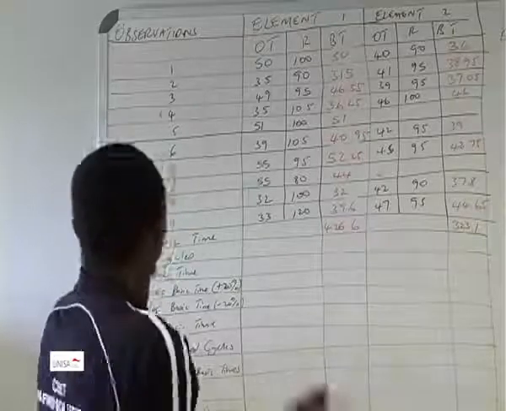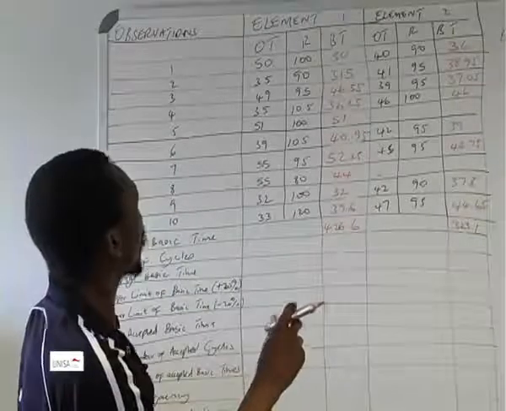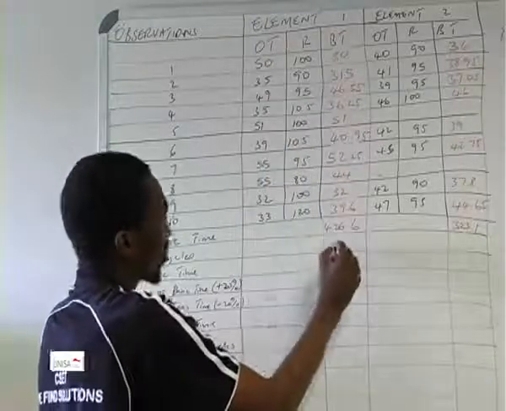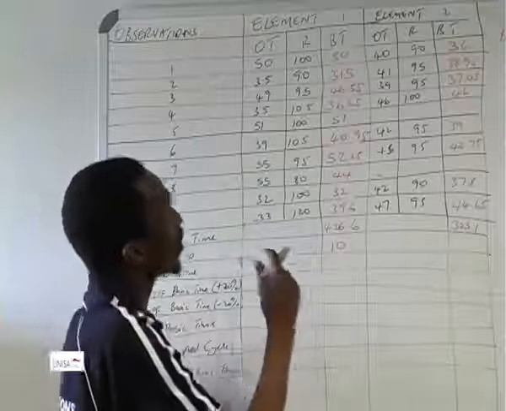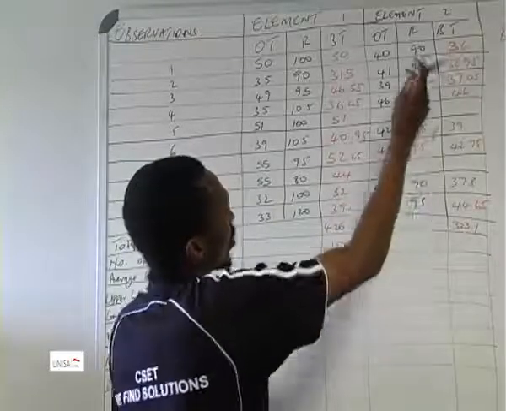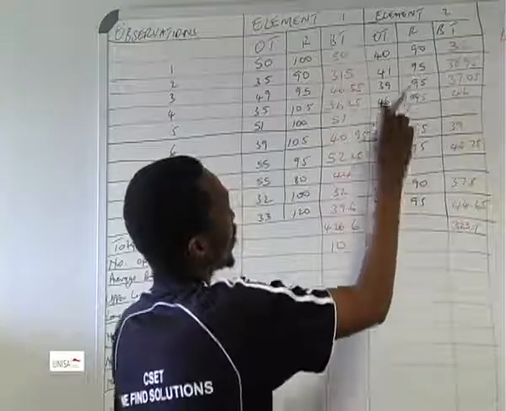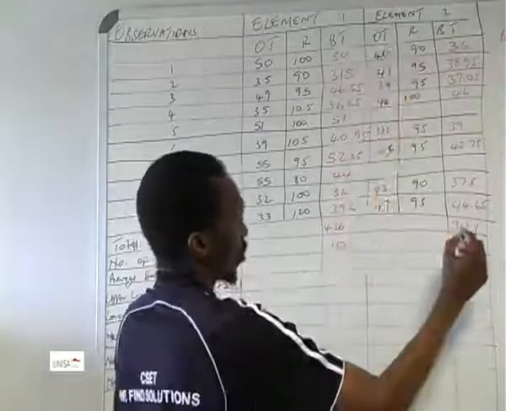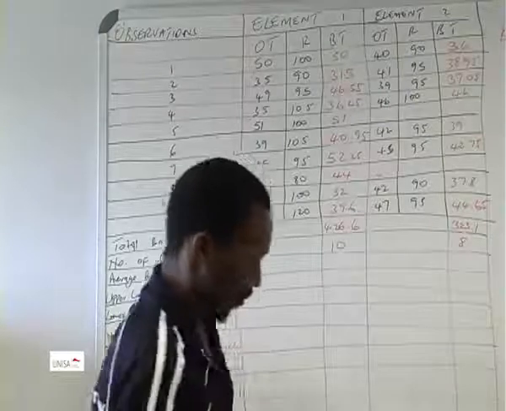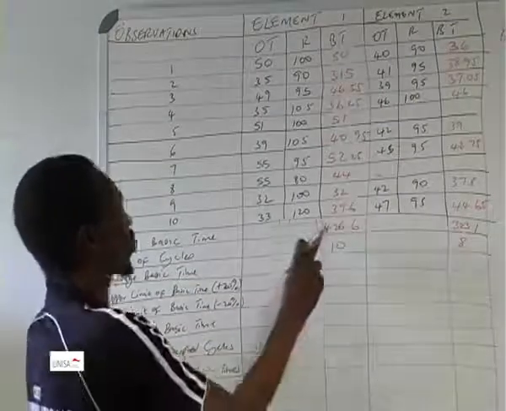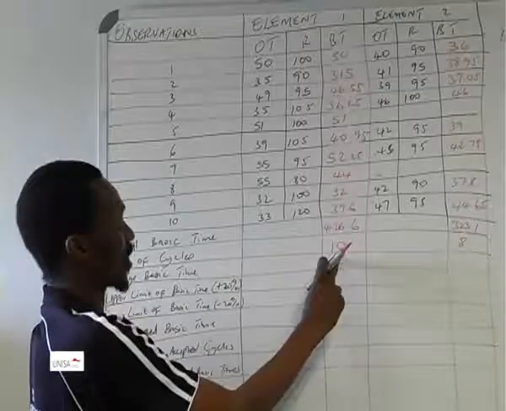So the number of cycles for element 1, you are given 10 observed times, so it's 10. For element 2, you are given 8 observed times: 1, 2, 3, 4, 5, 6, 7, 8. So it's 8. To get your average basic time, you divide your total basic time by the number of cycles.